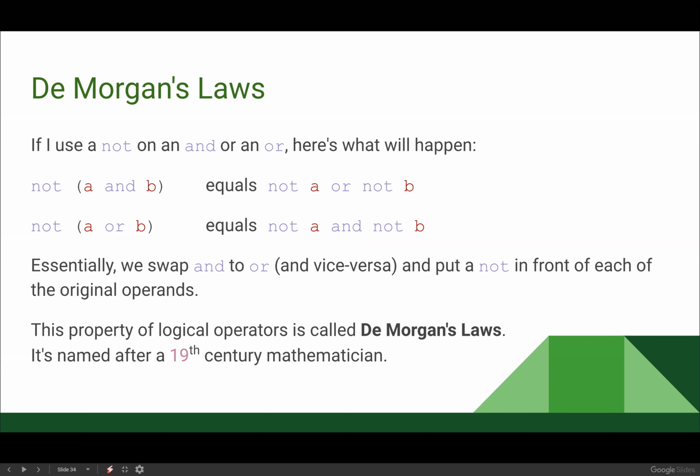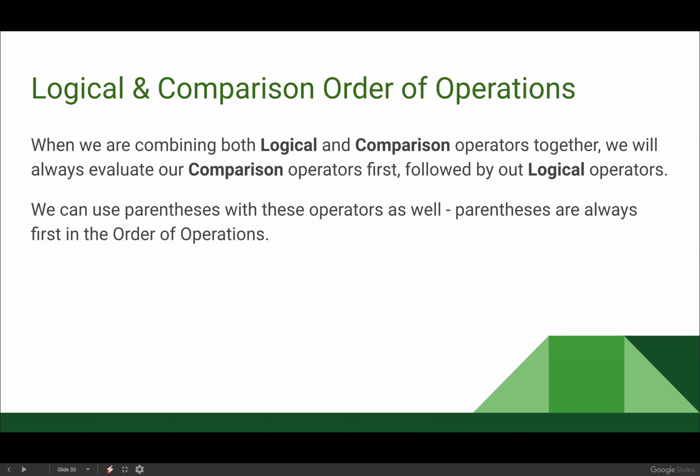And our last topic for today: when we are combining logical and comparison operators together, we're always going to evaluate our comparison operators first and then our logical operators, because our logical operators need Boolean values, which comparison operators create.